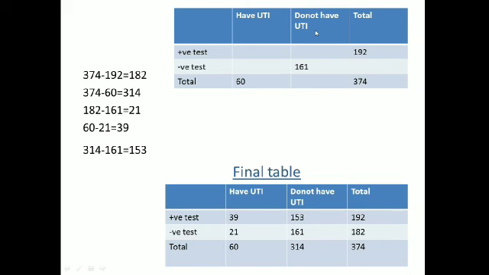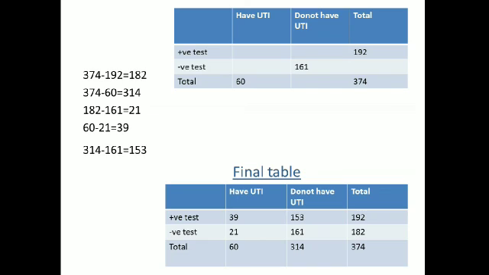So now let's find out the sensitivity and specificity. This is how you will be finding the sensitivity. In the previous slide you can see 39 is the true positive. 39 divided by 39 plus 21 will give us the sensitivity, and for specificity 161 divided by 153 plus 161 will give the specificity.